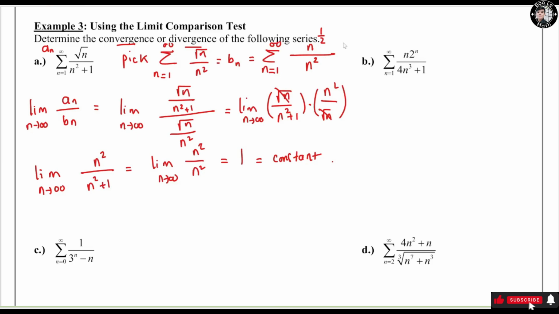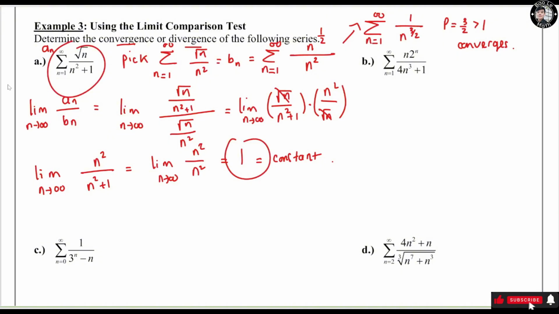It turns out to be sigma when n goes from 1 to infinity of 1 over n to the power of 3.5. Now this is actually a p-series, p equals 3.5 greater than 1. So this series converges by the p-series test. This converges and the limit is a constant, so this one must be convergent.